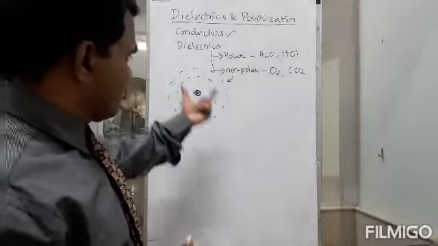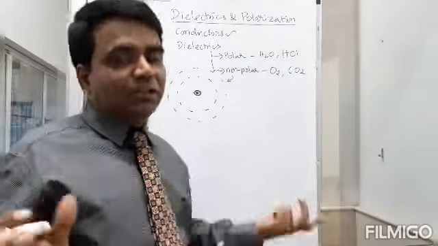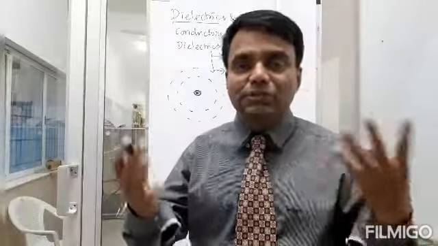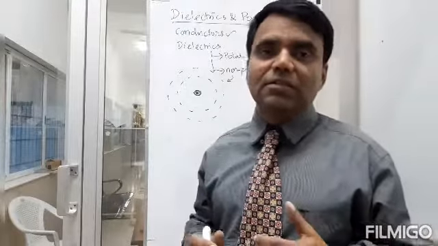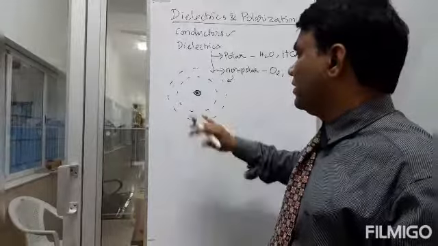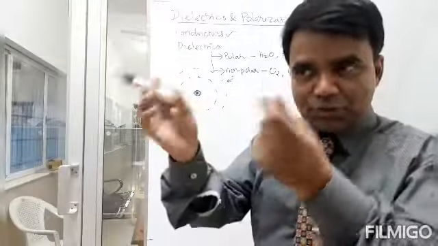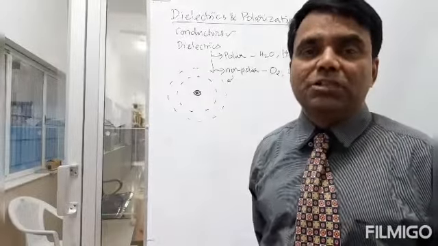Here I just talked about one atom, but if you take a molecule also, this will be the case. In the case of a non-polar molecule, suppose the positive center is here, then the negative center will also be at the same place where you will find the center for the positive charges.